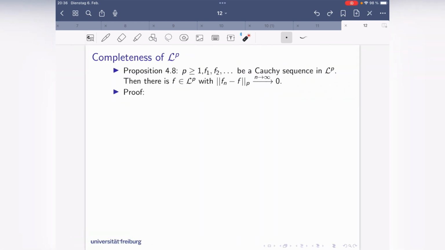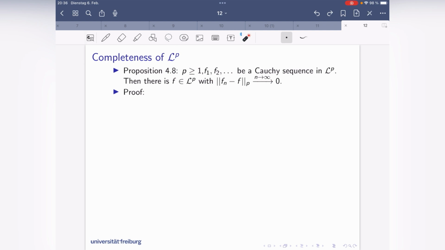A more interesting feature is that these normed spaces are complete. In normed spaces, norms define metrics, and metrics, they can be Cauchy. Every Cauchy sequence in LP converges, as we will prove now.